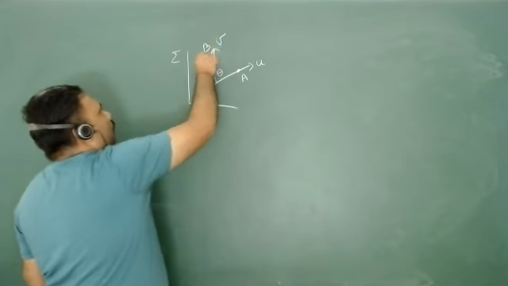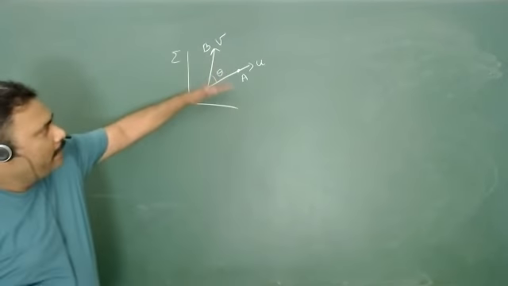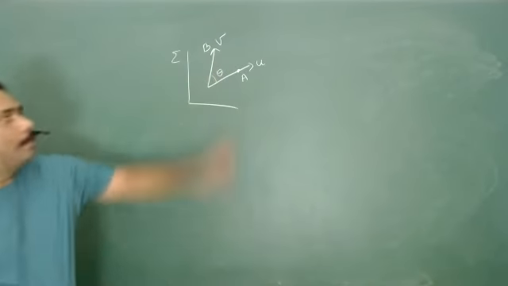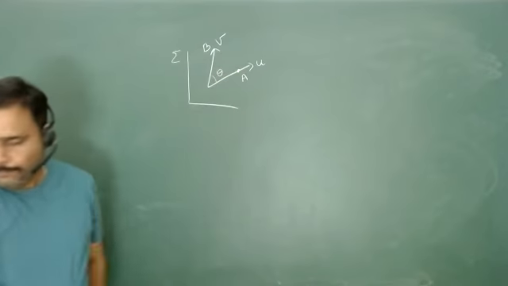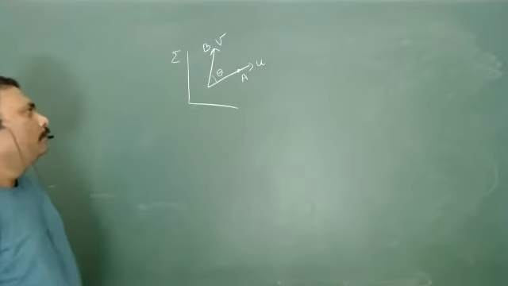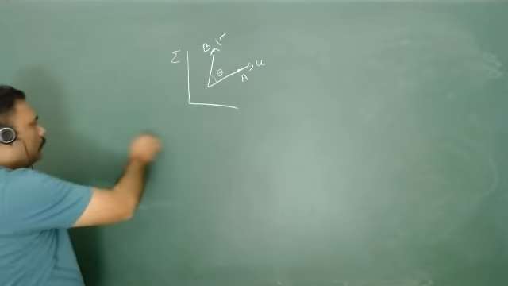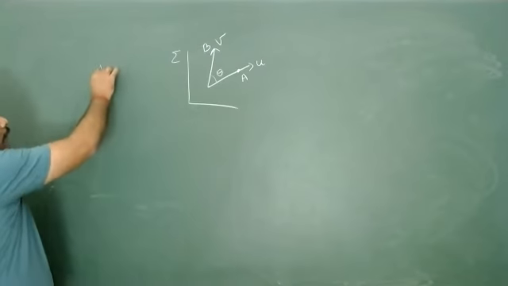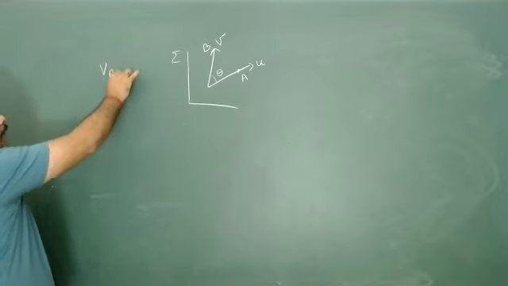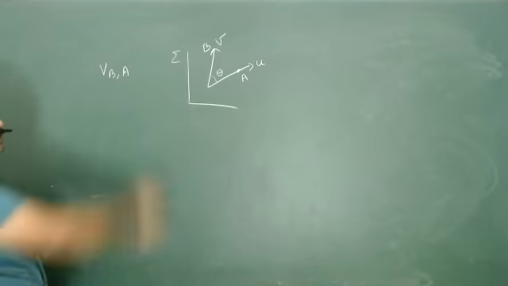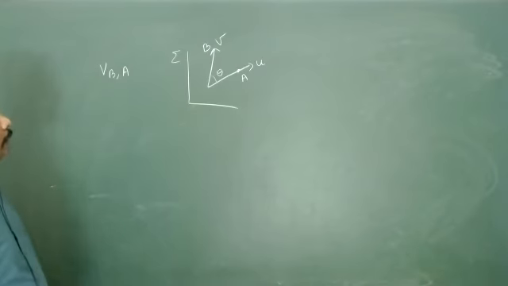Let's say this is for the B particle. And the angle between them is theta. Both have speeds with respect to sigma. And what we have to do is calculate the velocity of B with respect to A. We have to calculate the velocity of B with respect to A.